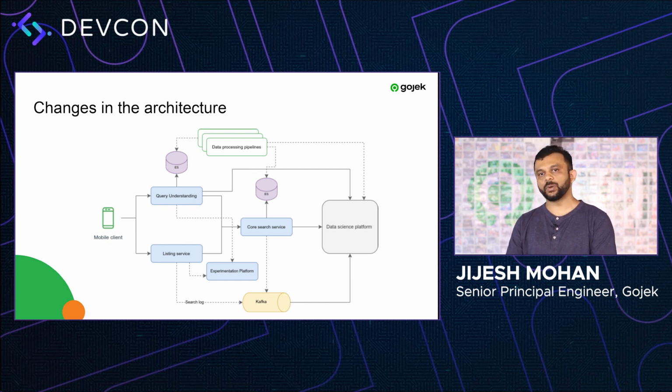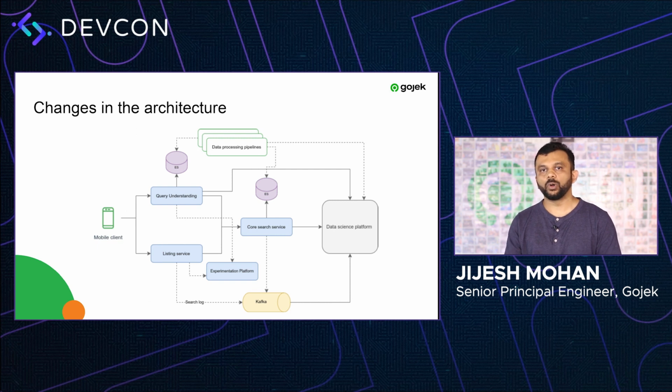Another major change we have done in the architecture is to make use of our machine learning platform. There is a data science platform team who created a certain framework and tools for executing machine learning models on their platform. We initially used this platform for our spell check model and intent classification model.